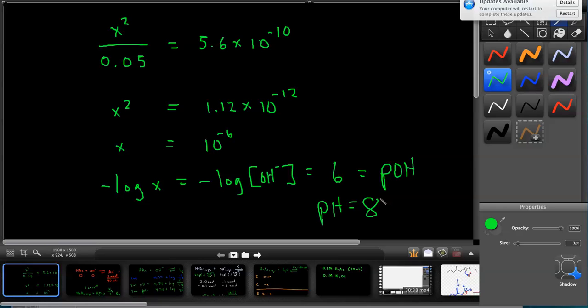Take the square root, and I get 5.27 times 10 to the minus 6. I'm going to take the negative log of that value, and I get 5.28. When I subtract from 14, I get 8.72, and that's a much more precise answer.